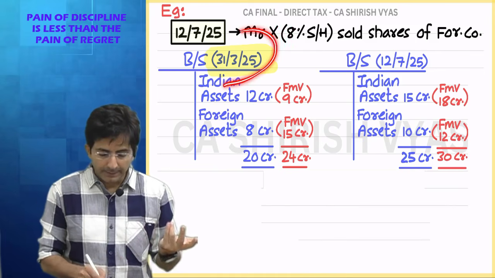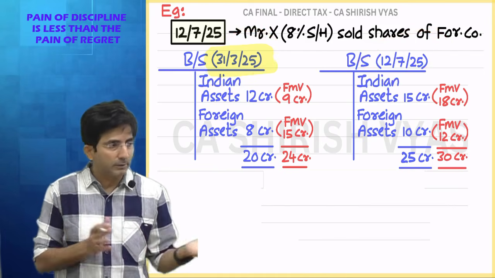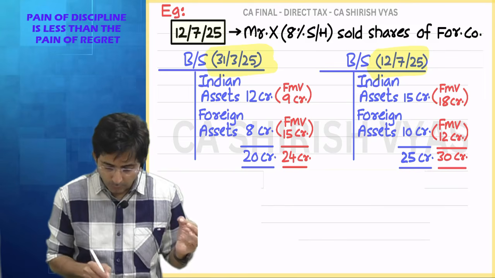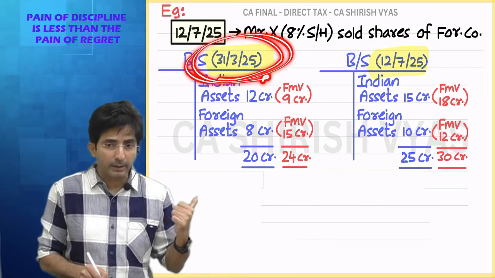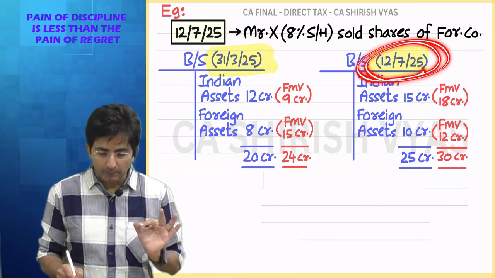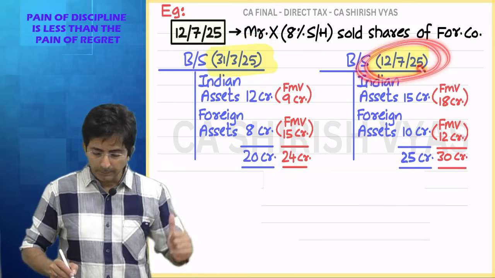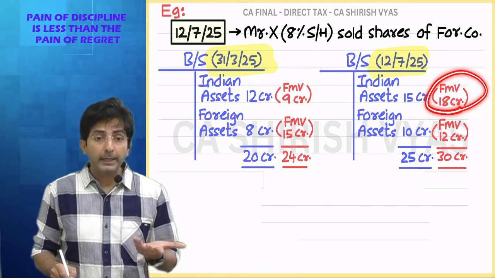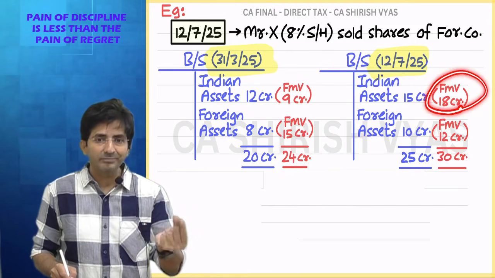Tell me, as the date changes, the valuation will change, no? See, I want you to notice this was the preceding accounting year and this is the exact date when shares were sold. Now tell me, here conditions are fulfilled. Indian assets market value 18 crores, more than 10 CR.